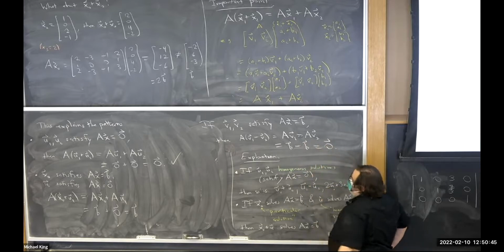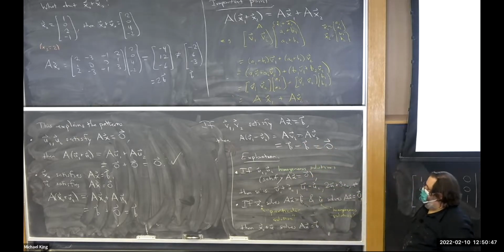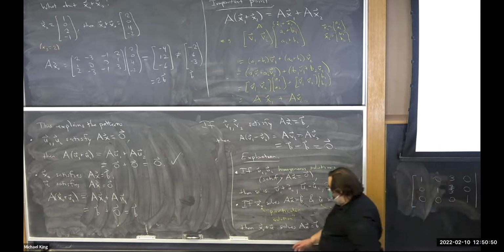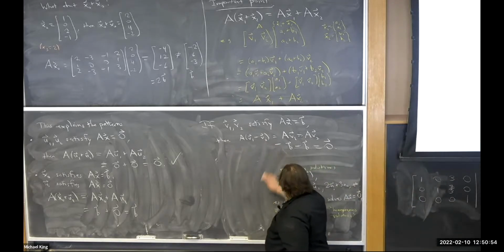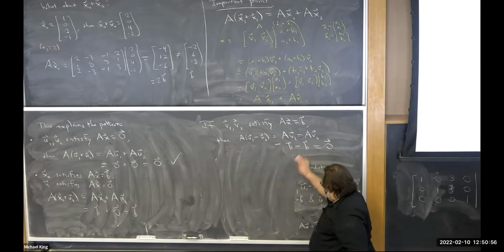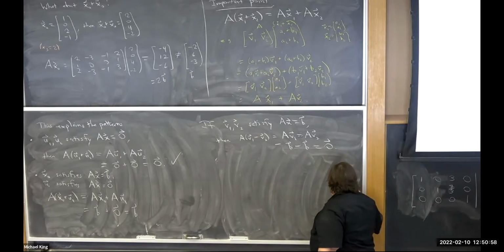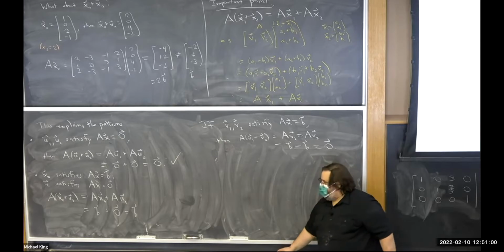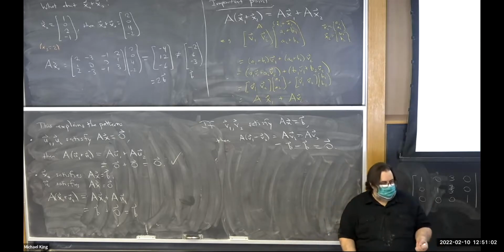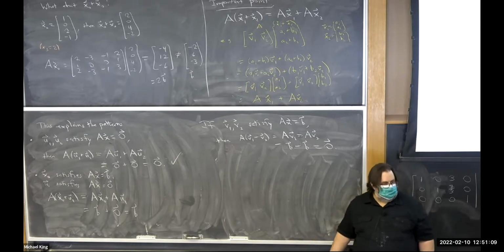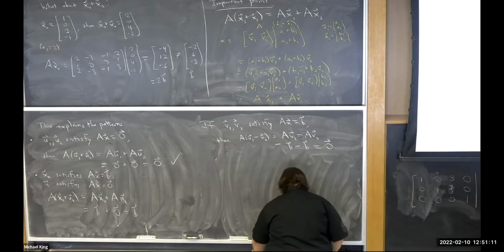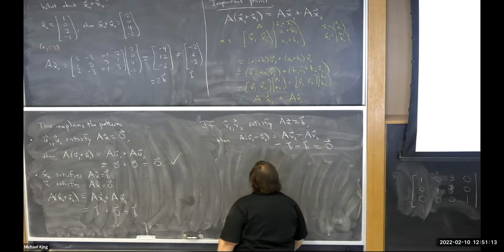So V1 minus V2 is a homogeneous solution. So in particular, we can say three things here. We can say linear combinations of homogeneous solutions are homogeneous. We can say if we take a particular solution and add a homogeneous solution, we get another particular solution. We could say if we subtract two particular solutions, then we get a homogeneous solution. So there's a whole structure here that's interesting, right?